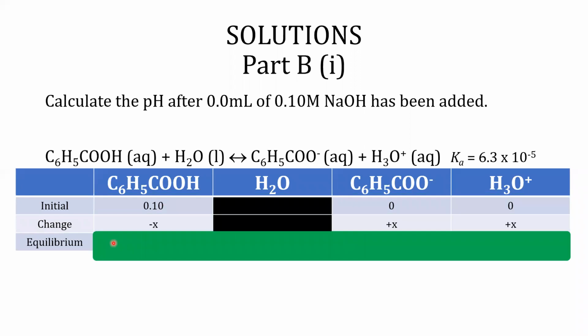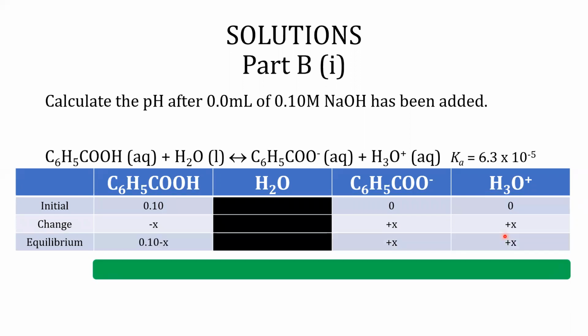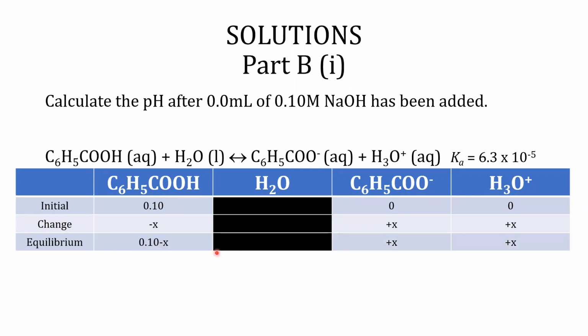The change is minus X for C6H5COOH, and for both C6H5COO minus and H3O plus, it is plus X. The equilibrium concentrations are 0.10 minus X for C6H5COOH and X for both C6H5COO minus and H3O plus.